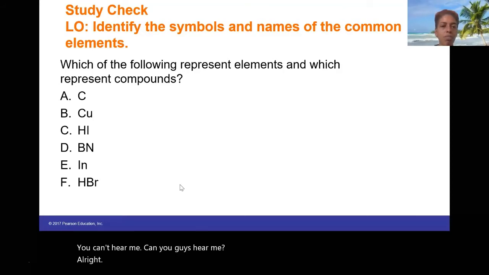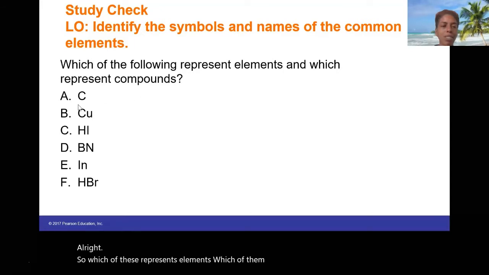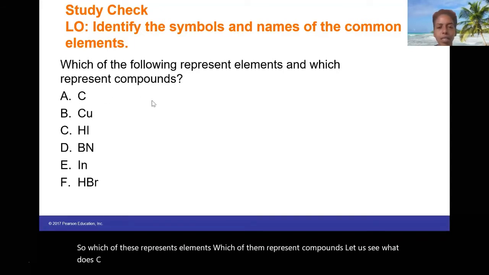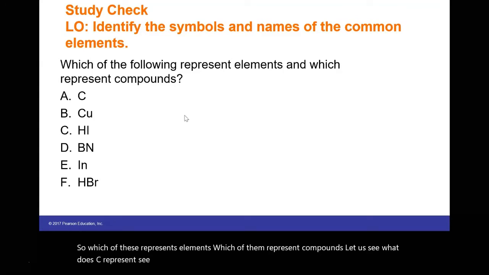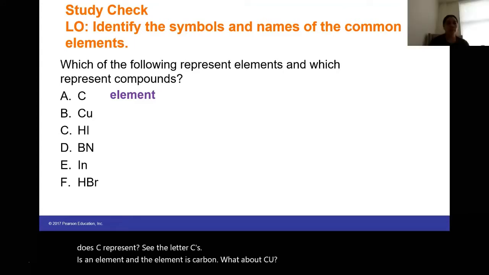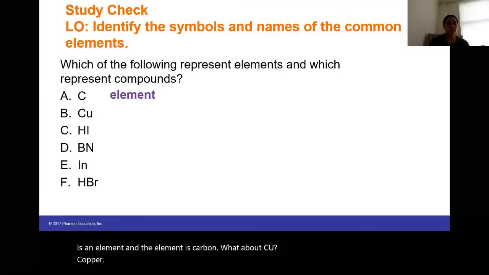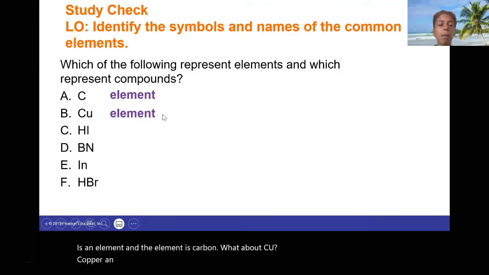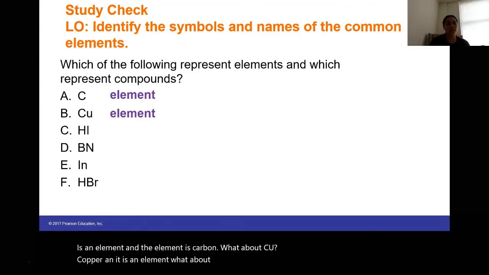So which of these represents elements and which of them represent compounds? Let us see. What does C represent? C, the letter C. Element. It's carbon. Yep. C is an element and the element is carbon. What about Cu? Copper. Okay, copper, and it is an element. What about HI?